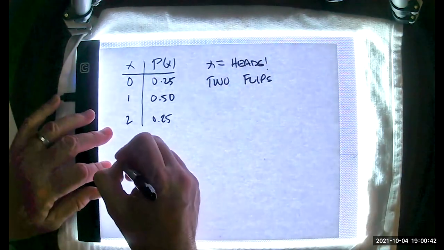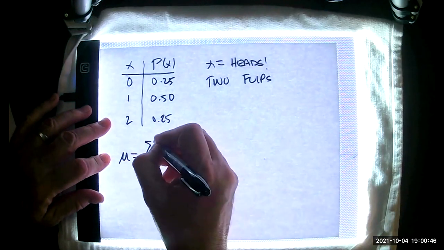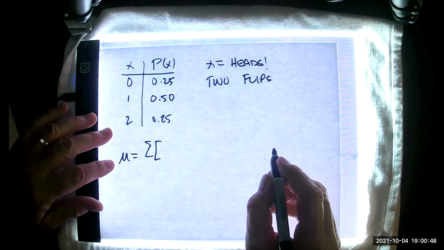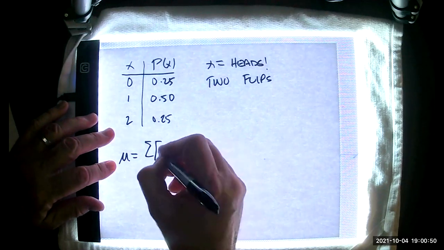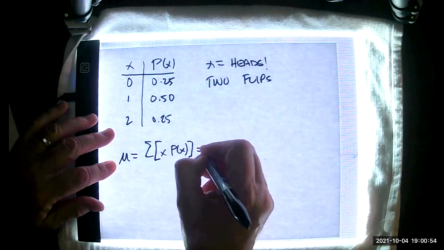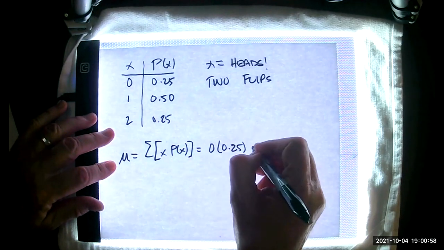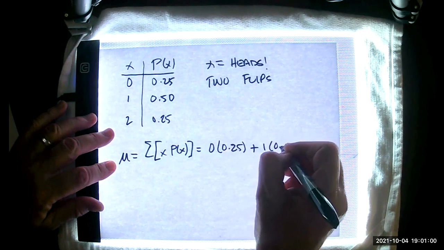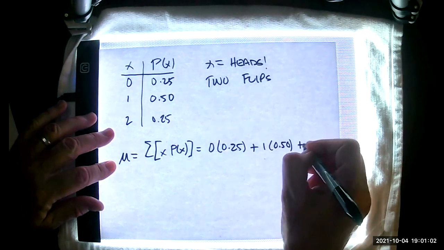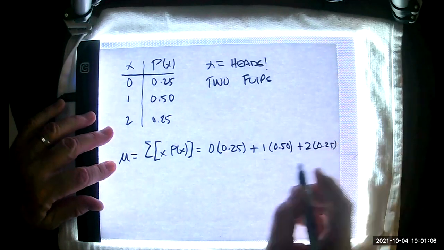So my mean is equal to x times p of x. I have to add them all up. So x times p of x equals 0 times 0.25 plus 1 times 0.50 plus 2 times 0.25.